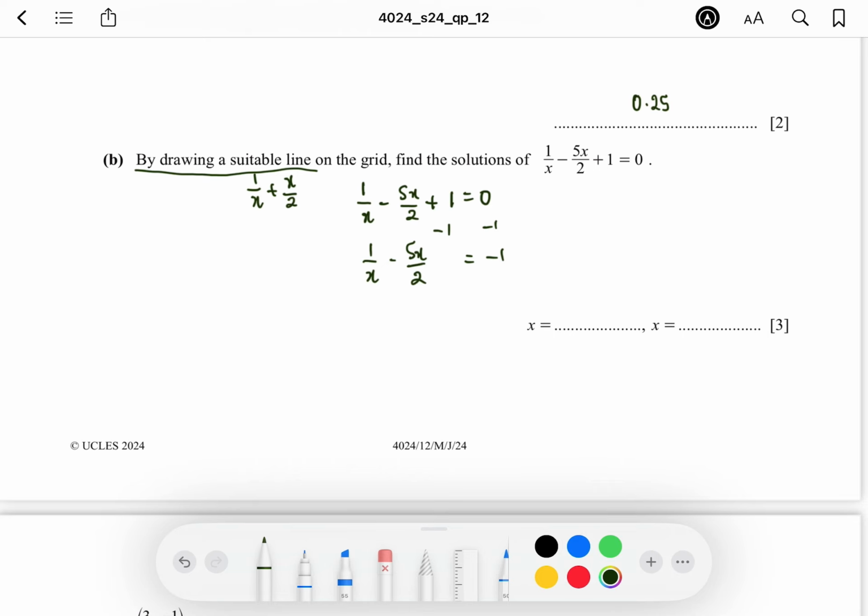What we need to add or times? No times. Think of it as a fraction. Minus 5 over 2, so 1 over 2, plus 4x.